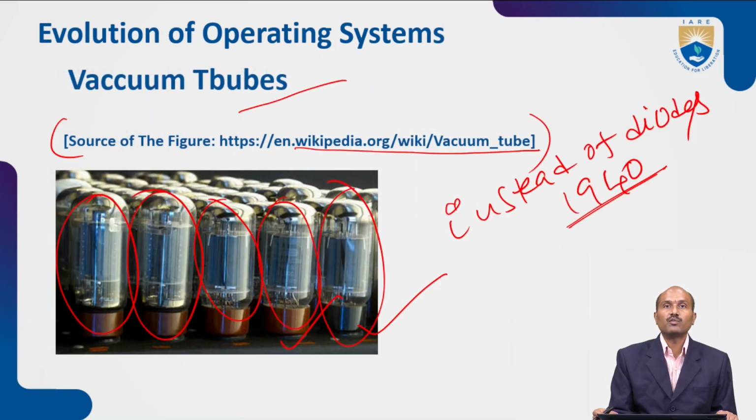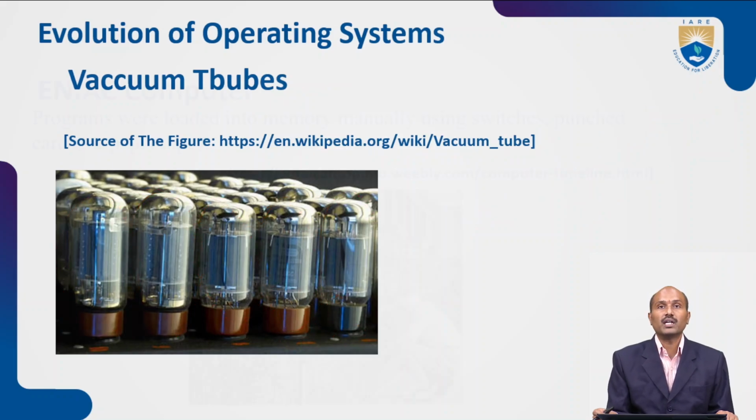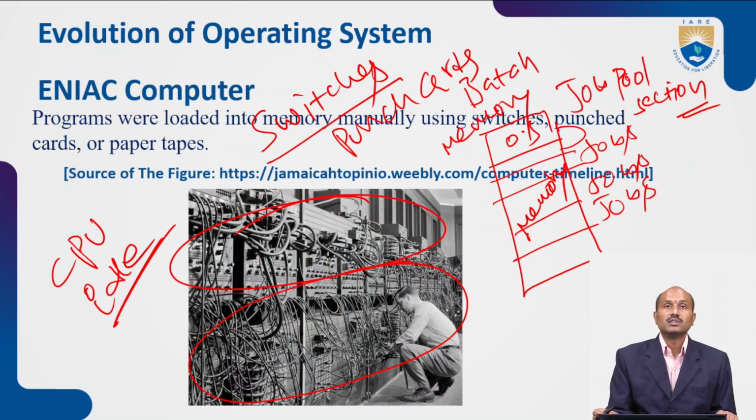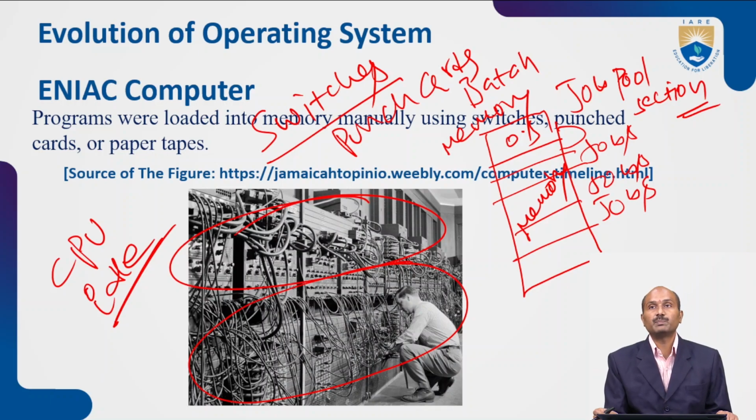After that, vacuum tubes were invented. The ENIAC computer consisted of vacuum tubes, because there were no diodes and resistors in those computers. So the CPU was idle for a long time because they were using switches, punch cards and paper tapes in this ENIAC computer.